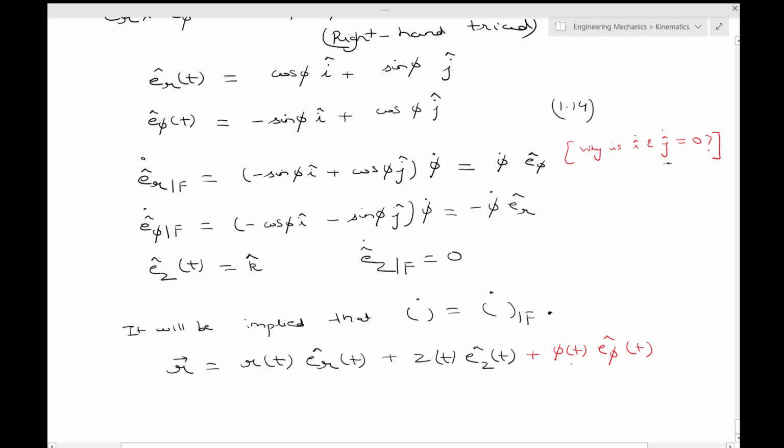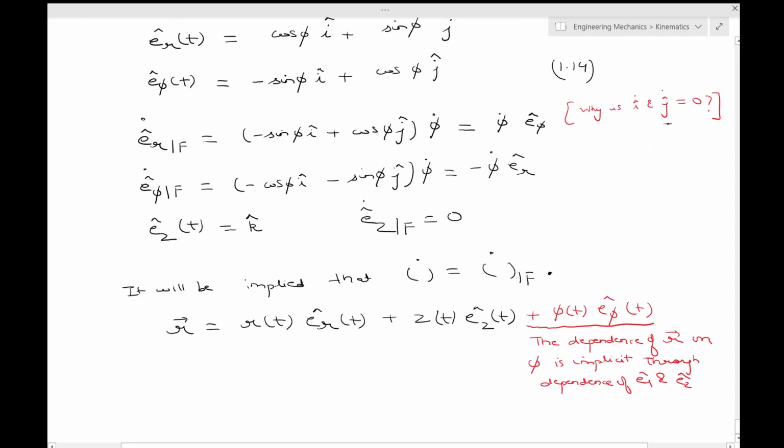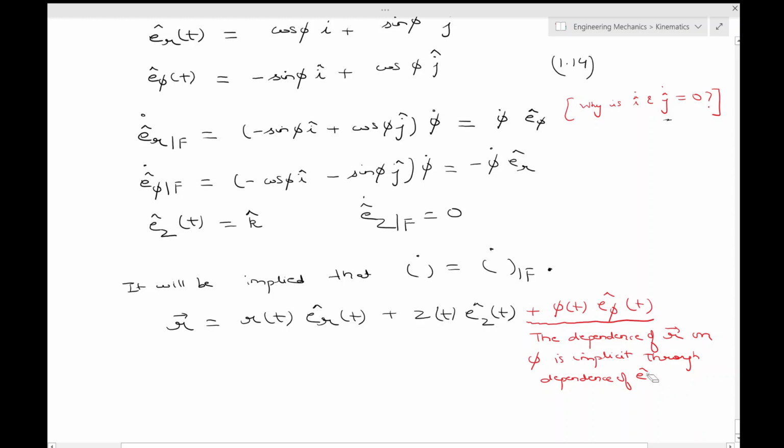The reason this is not written is because the dependence of r on phi is implicit through the dependence of er and e phi on phi.